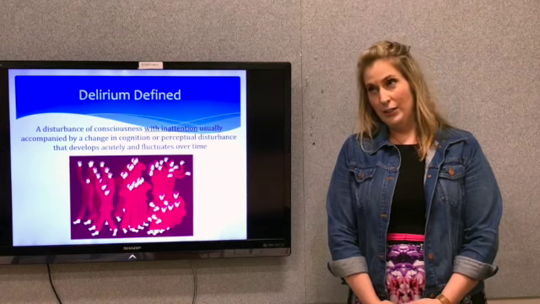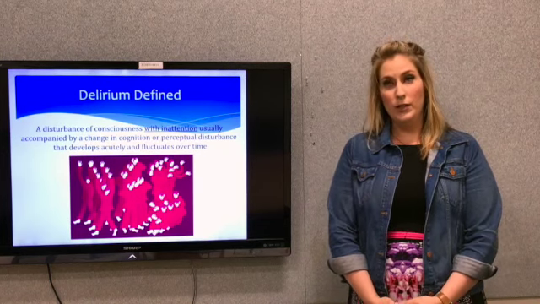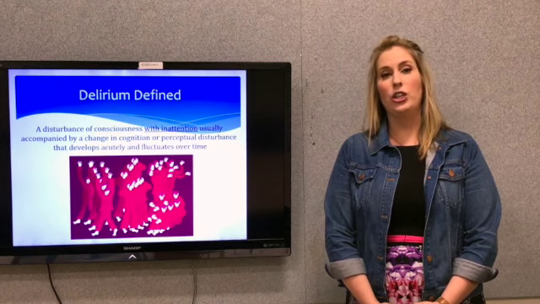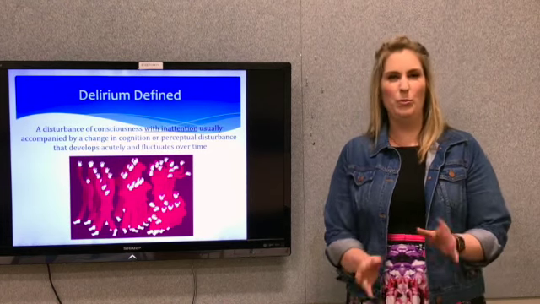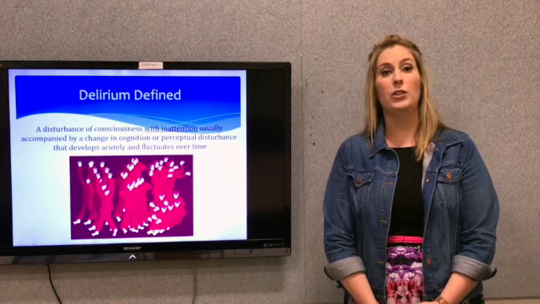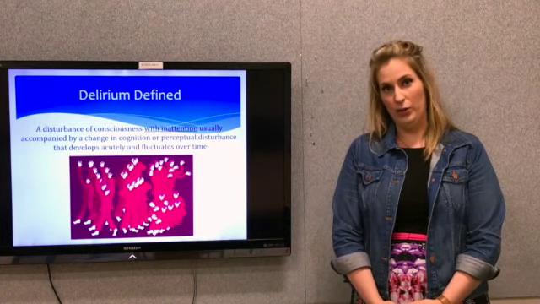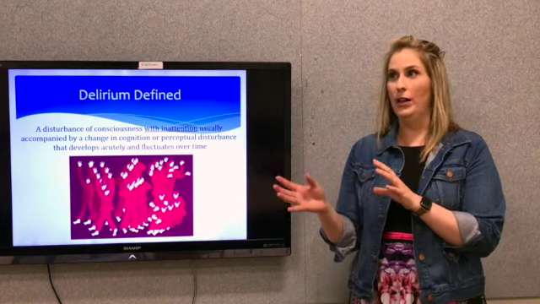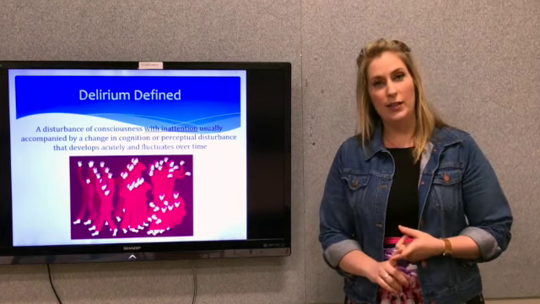Delirium defined is a disturbance of consciousness with inattention, usually accompanied by a change in cognition or perceptual disturbance that develops acutely and fluctuates over time. That being said, there are two cardinal things to what I just read. One is inattention.